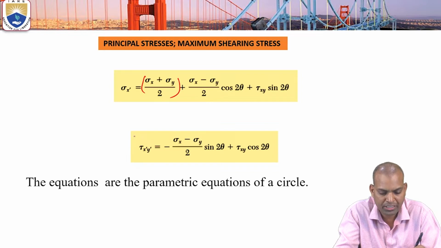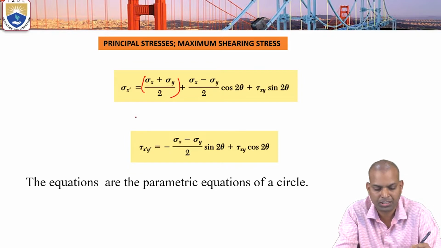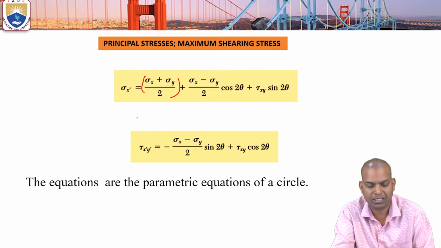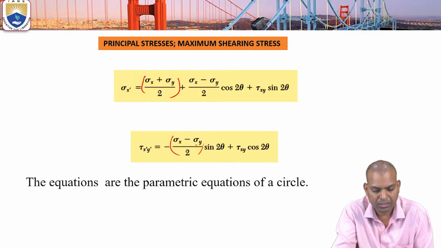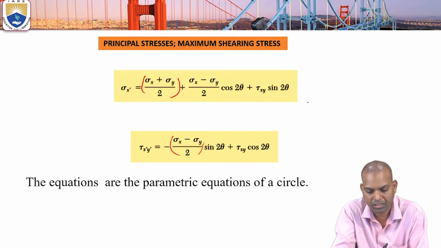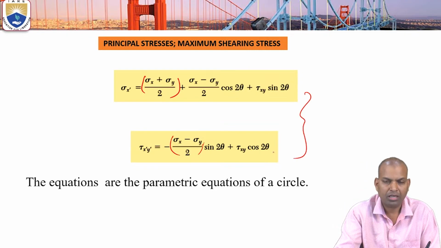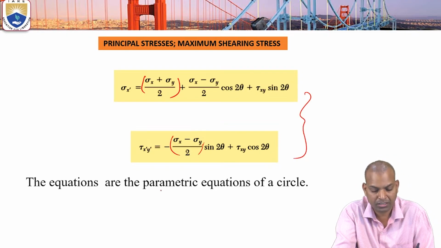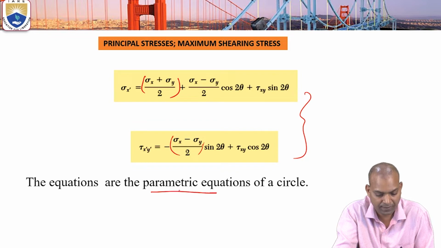And about the shear stress after the rotation of the axis by theta, tau x dash y dash is minus of sigma x minus sigma y by 2 sin 2 theta plus tau xy cos 2 theta. These equations are known as parametric equations of a circle.